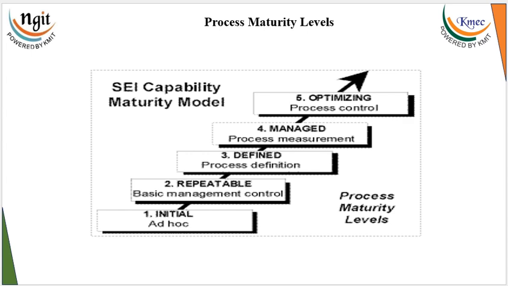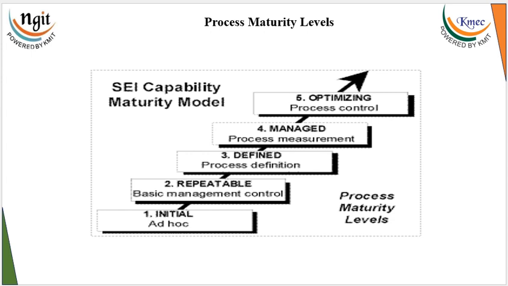The fifth level, or the topmost level, is the optimization level. Here, in this optimization level, your process control is taken into consideration, and continuous improvement and optimization of your process can be done.